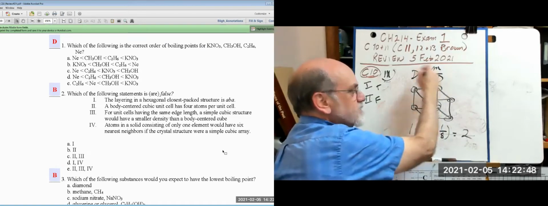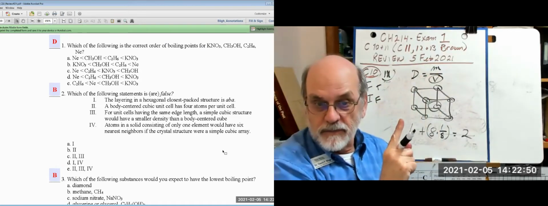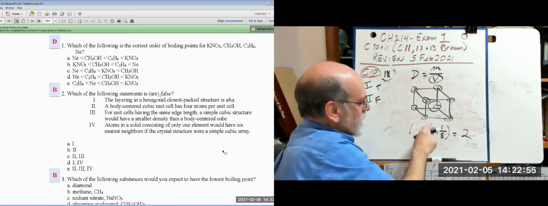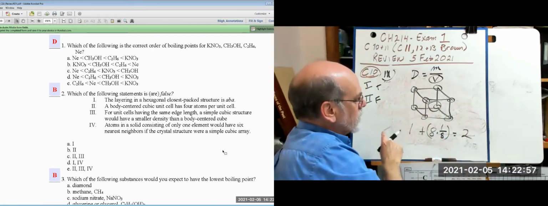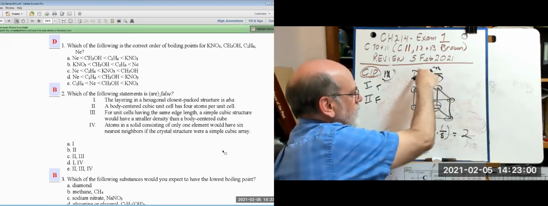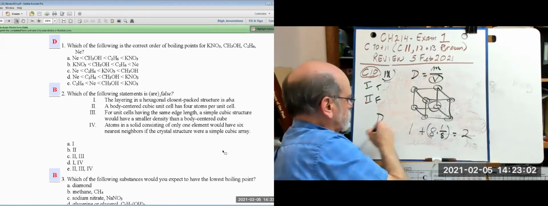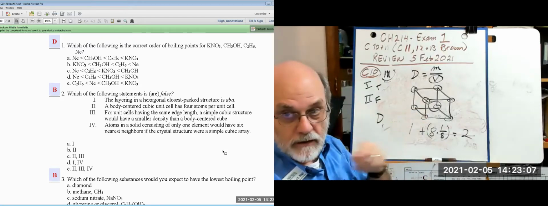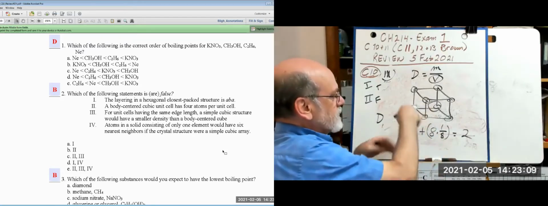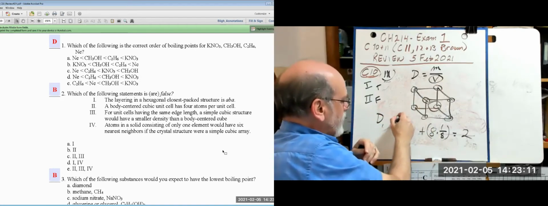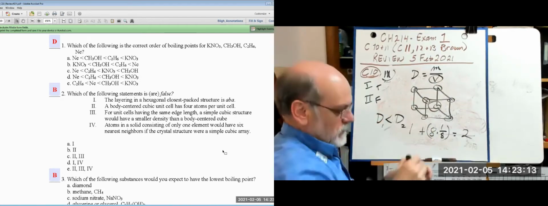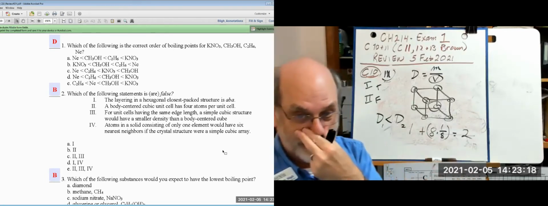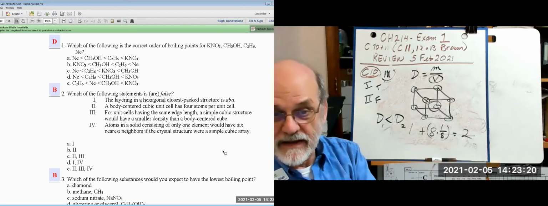If volume is fixed because of the edge length being the same for each of them, if you have 1 in here with a simple cube, then it's going to have 1 density. But if you can stick another atom in the center, then you've actually doubled the amount. And then the second one would be a greater density because it has more matter in that same volume. So 3 is true.